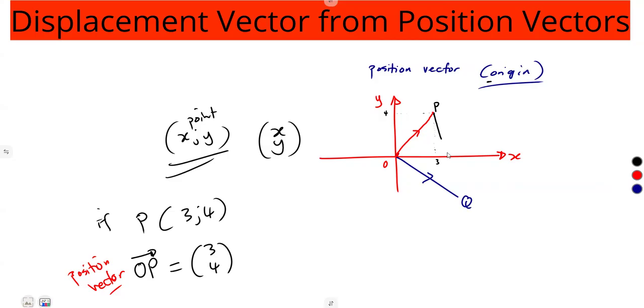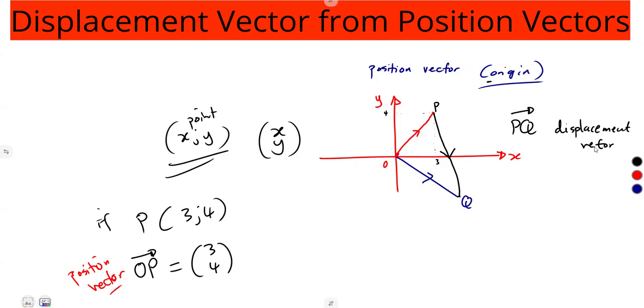From P to Q, or from Q to P, whatever direction you're going to take. So let's take from P to Q. In this way, the arrow is facing Q, from P going to Q. That is now representing the displacement vector. It's not taken from the origin. That's a displacement vector.